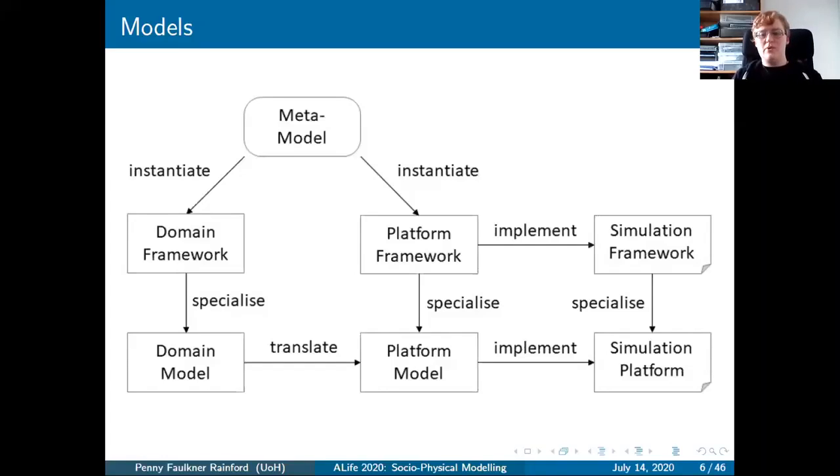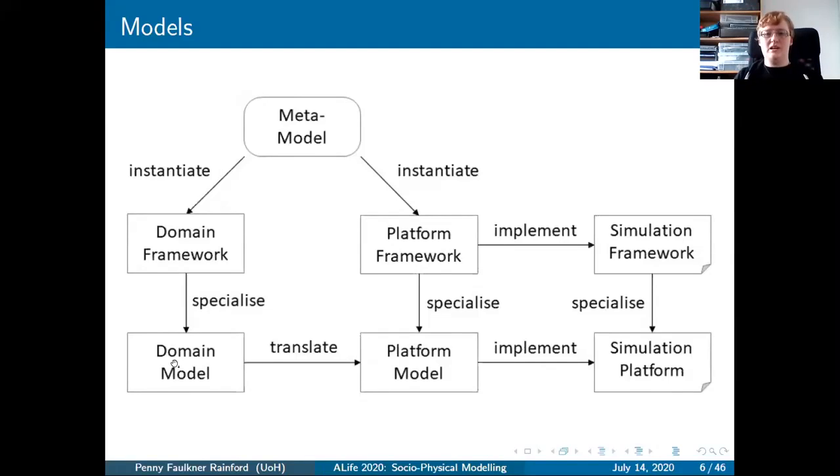We've also separated down this bottom level into 3 parts. We've got a domain model, a platform model, and a simulation platform. And this gives us the domain model, which is what the system looks like to the specialist.